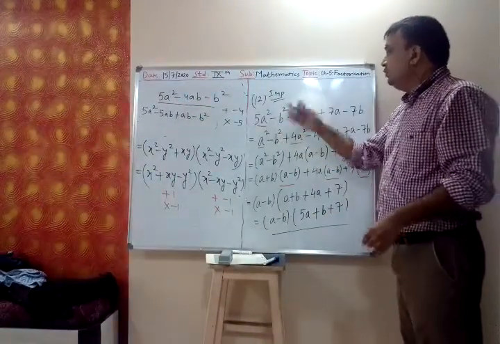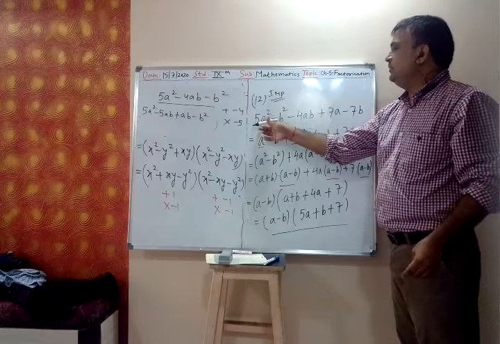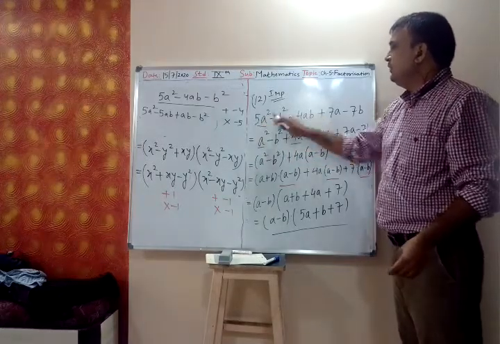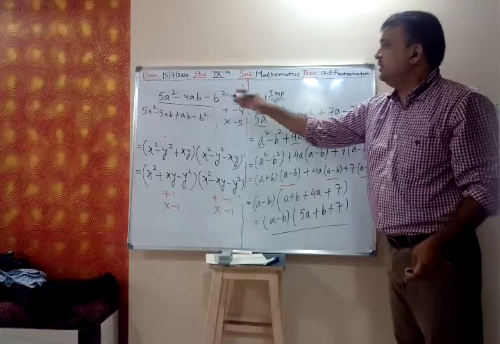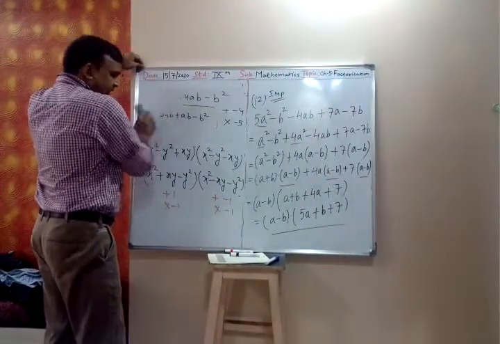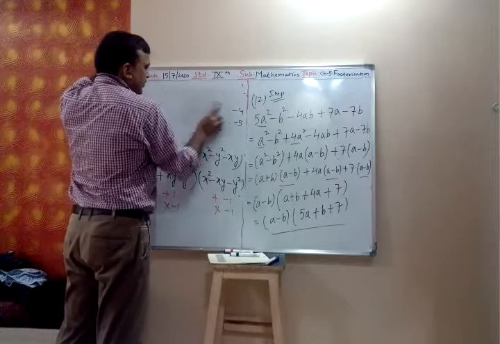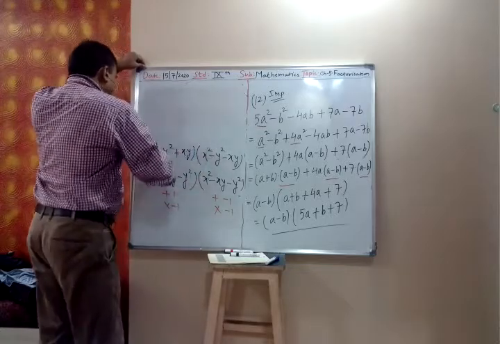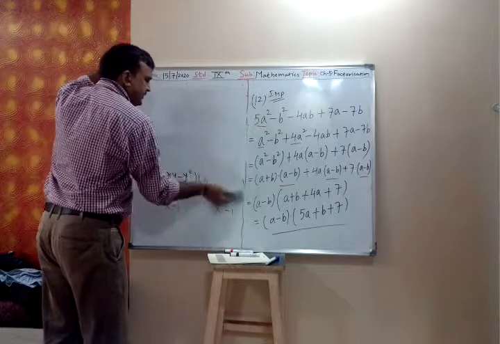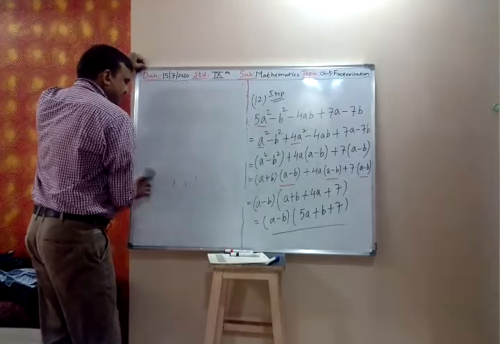But if you do by the other method, I have written 5a square as a square plus 4a square. If you take the first three terms together and so on, you will get the same answer. This is just what I had explained. Some of you asked, sir, if I take the first three terms together, then how will I solve that part? I had explained.